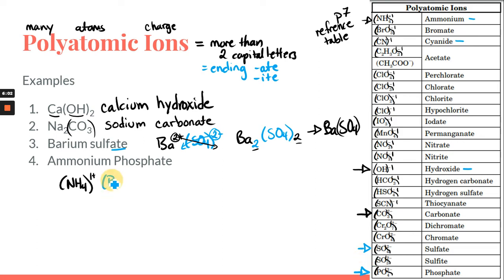So in parentheses, PO4, 3 minus on the outside. So when I go to cross my charges, the 3 is going to come down and the 1 comes down to the outside of the parentheses. So we have (NH4)3PO4. The PO4 doesn't need parentheses because we crossed a 1 down. If you write them, it's fine, it's just not needed.